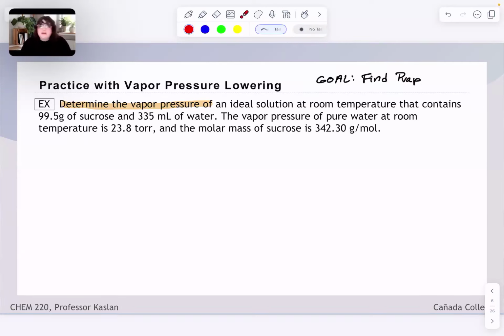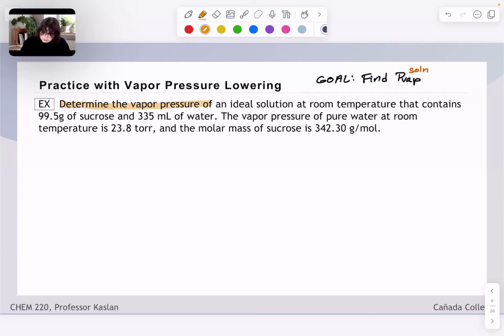And let's ask ourselves what it is we're trying to find the vapor pressure of. So determine the vapor pressure of an ideal solution. We are trying to figure out what's going on with the solution's overall vapor pressure as a result of us adding some component to pure solvent.